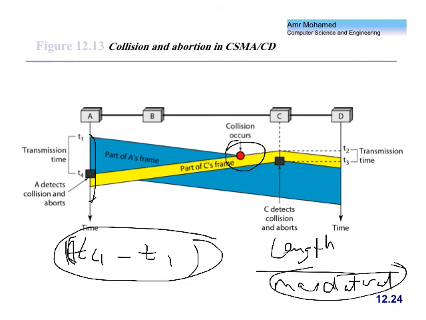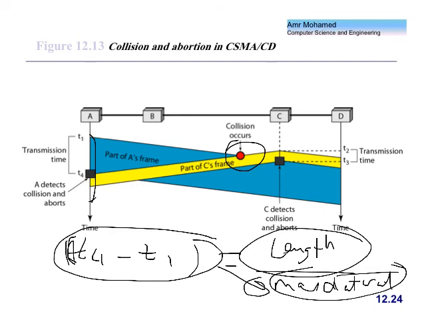So the transmission time equals the data length divided by the maximum data rate, and the length of the frame is the transmission time multiplied by the maximum data rate.